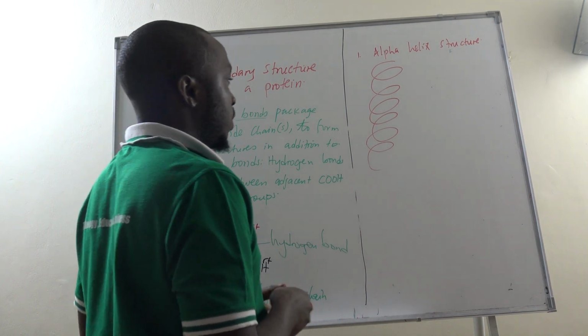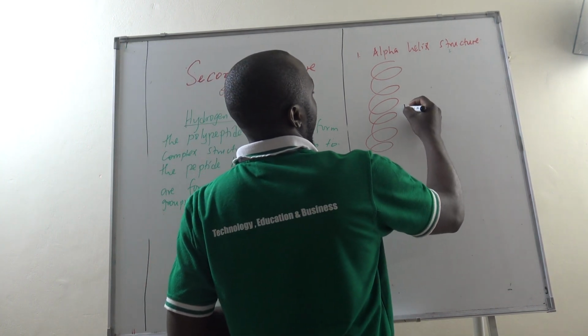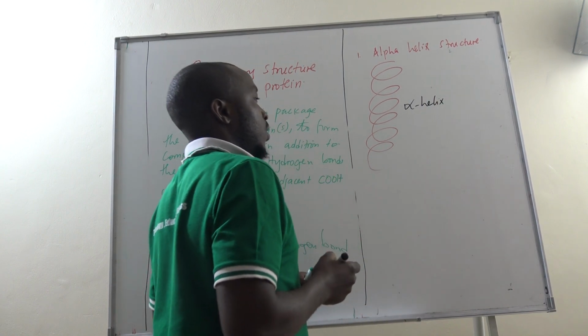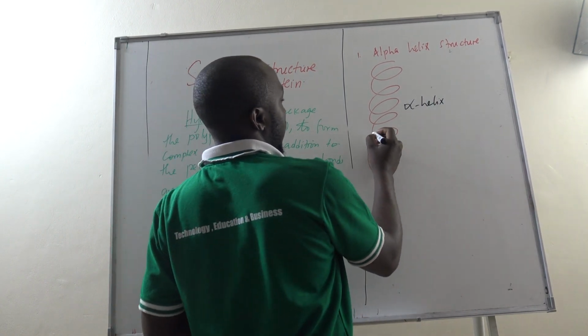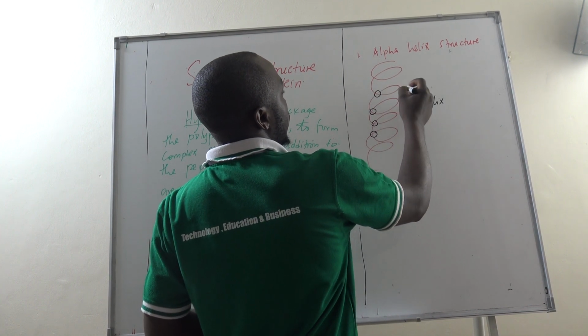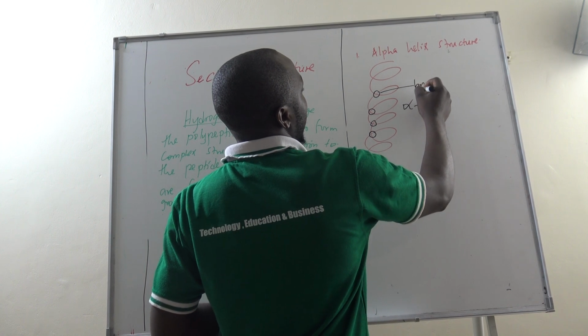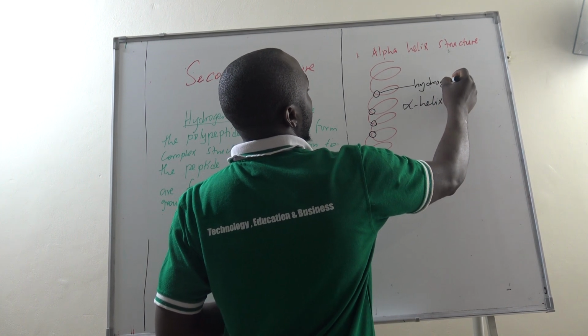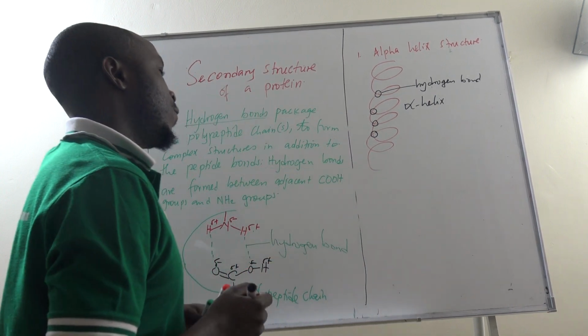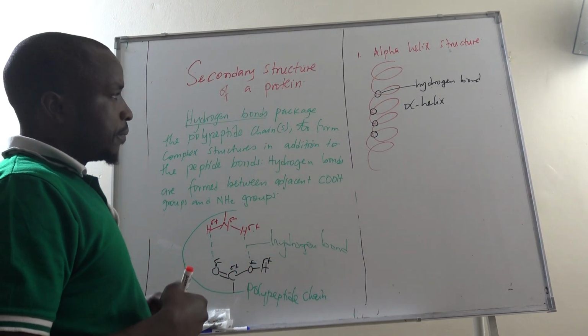So we just call it the alpha helix. Wherever a kink is, you find there is a hydrogen bond there, packaging it into the alpha helix.